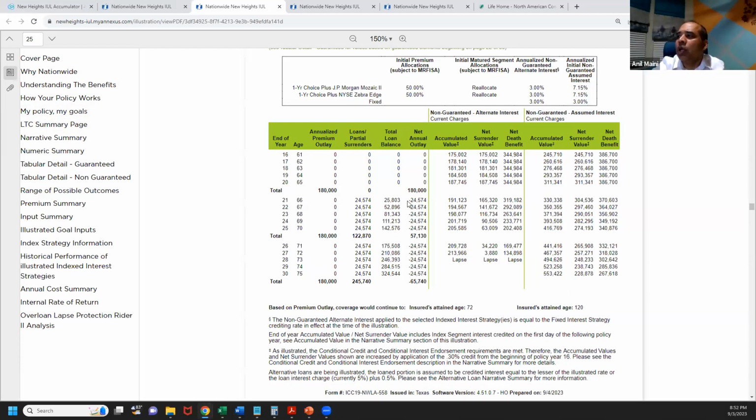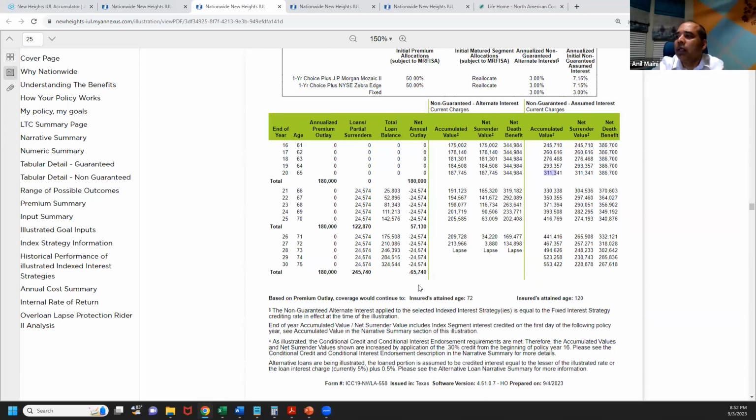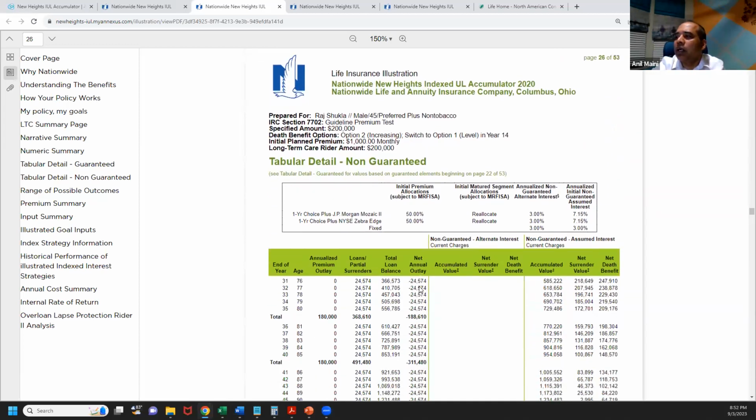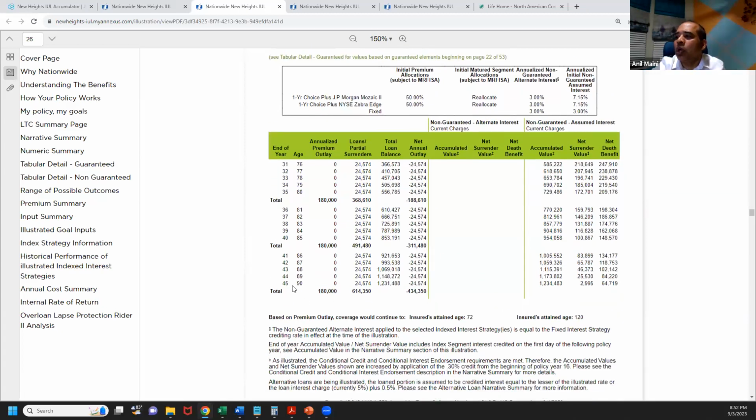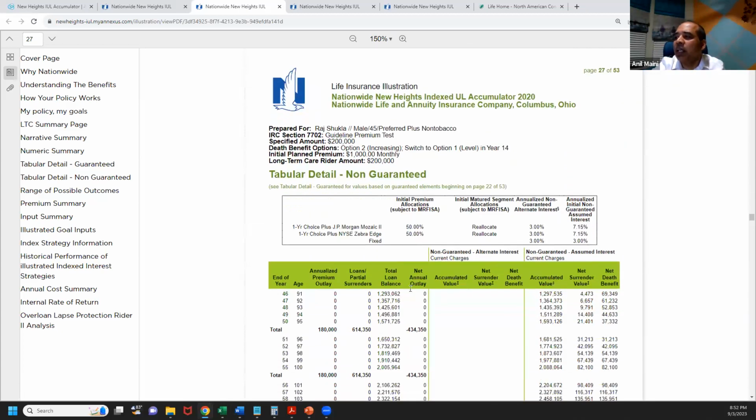So net annual outlay. You see that by that age, your accumulated value is about 311 when you started. So you will get about $24,000 per year. It has shown up to the age 90.